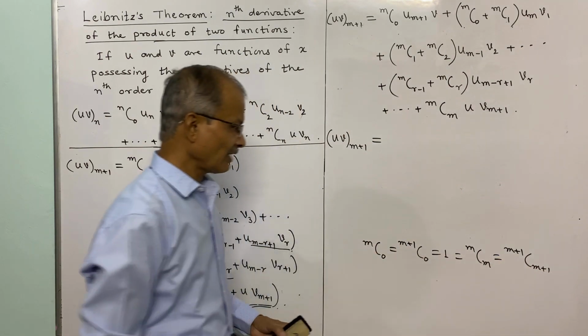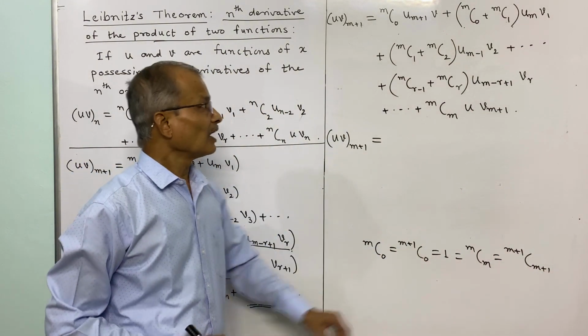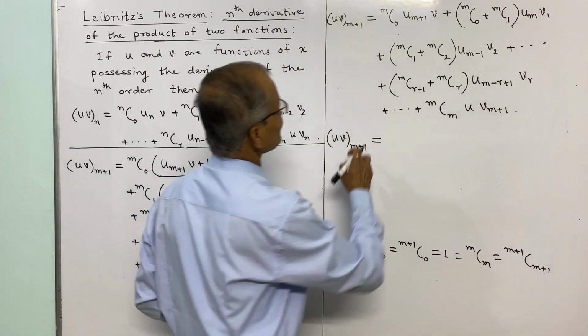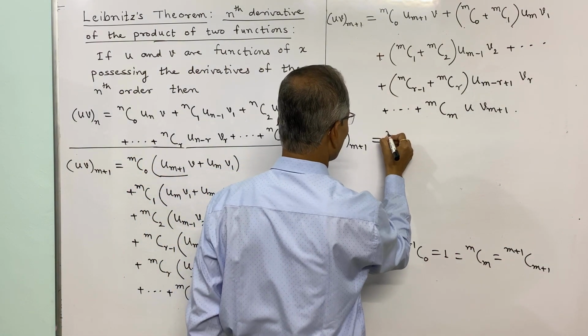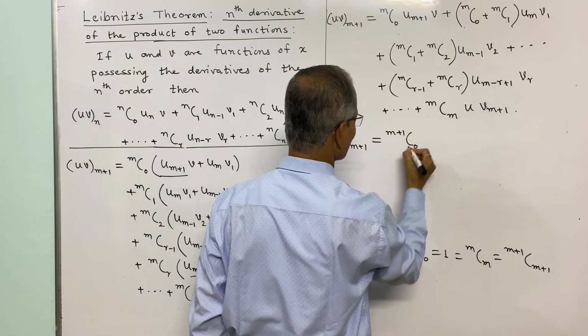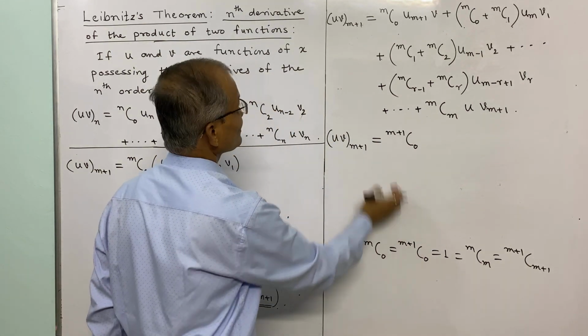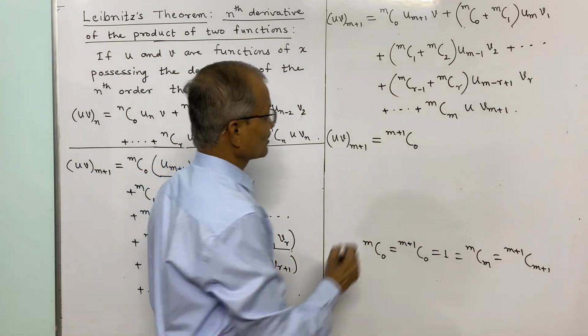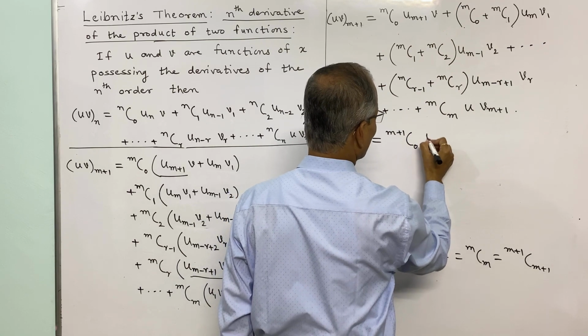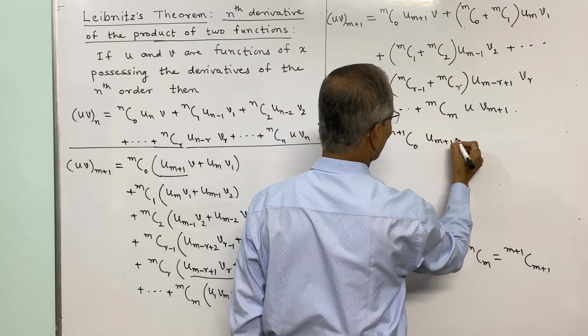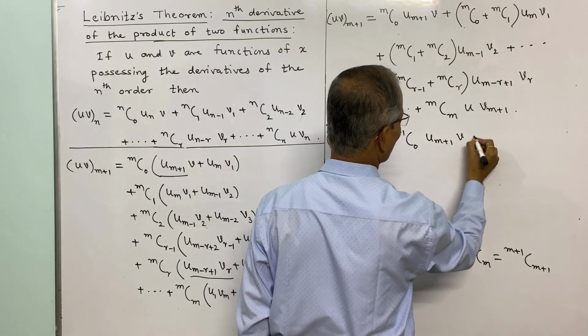So these values are equal to 1, and therefore the first term I shall write as m plus 1 choose 0, because these two are the same, into the m plus 1th derivative of u into v, plus.